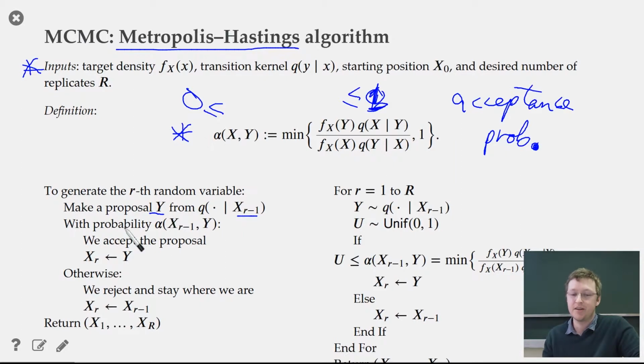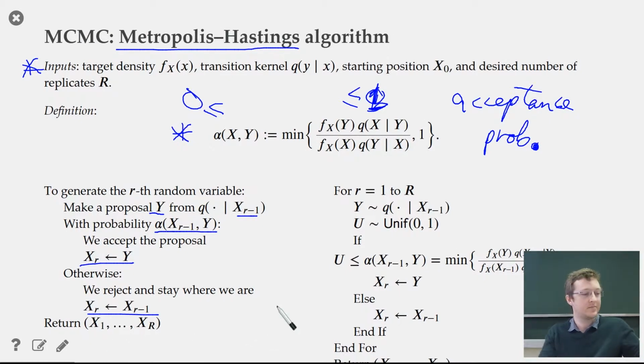Then you plug in where you were last time and your proposed point y, and calculate this alpha, the acceptance probability, and with that probability you accept the change. You accept that my new point will be the proposal y, and with probability 1 minus alpha, you reject it and you stay where you were last time. So the next sample will be the same sample you were on last time.